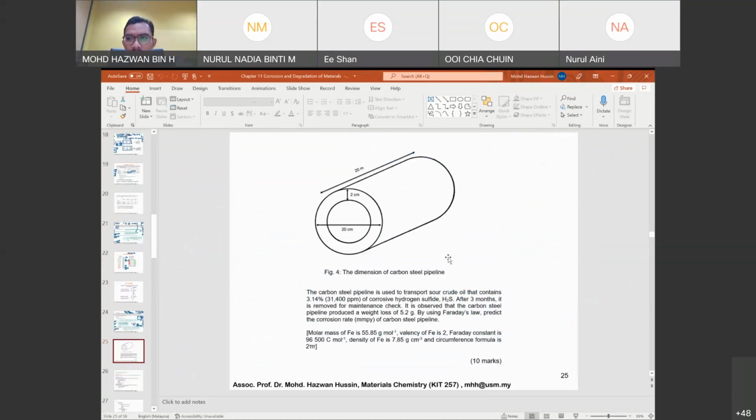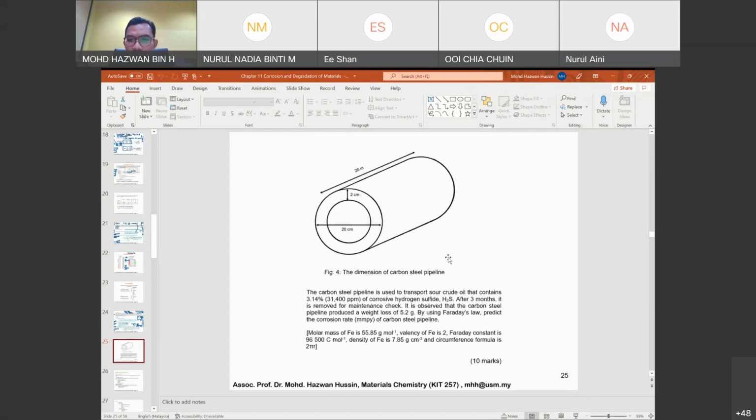You are given a fixed dimension of a pipeline. So please refer to this question. The carbon steel pipeline is used to transport sour crude oil that contains 3.14% or 31,400 ppm of corrosive hydrogen sulfide, H2S. After 3 months, it is removed for a maintenance check.